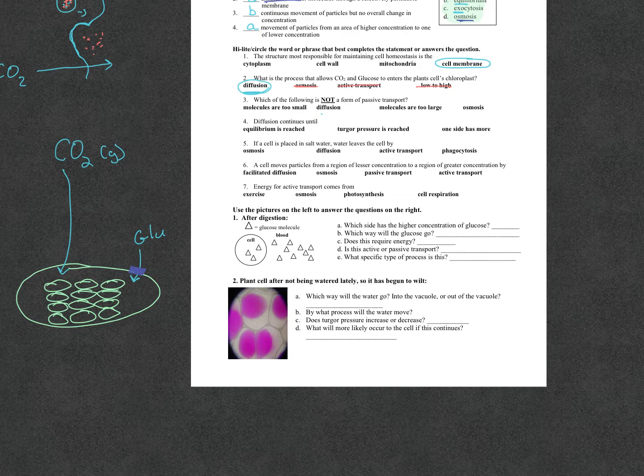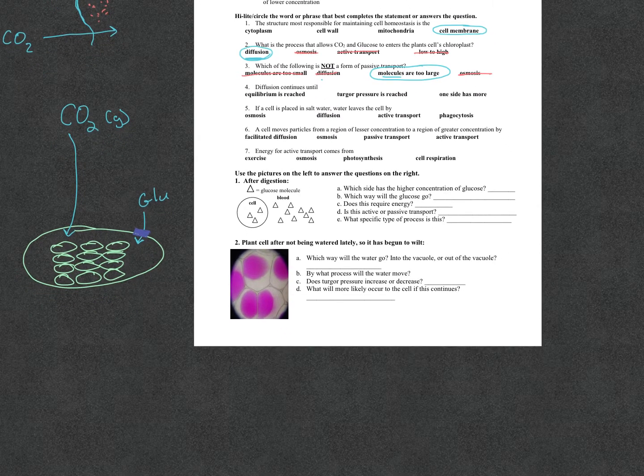I may not choose it, but I'd like to think about it. Osmosis is passive and does not require ATP. I know diffusion does not require ATP. And I know molecules that are small like CO2 are going to do diffusion, so it's not that one. So again, the best answer is this answer: molecules that are too large need to do active transport. It's not a form of passive transport.